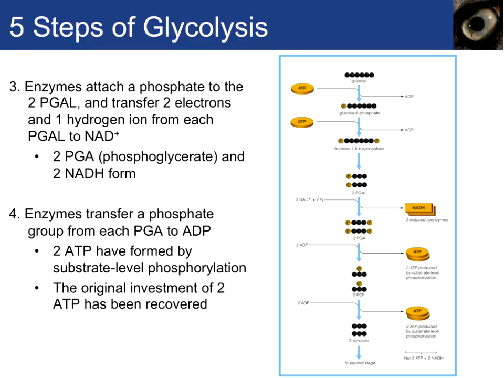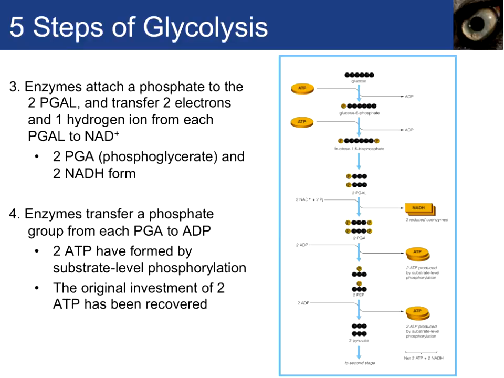Then next, enzymes attach the phosphate to the 2 PGAL and transfer 2 electrons and 1 hydrogen ion from each PGAL to NAD+. So 2 PGA and 2 NADH form, and enzymes transfer a phosphate group from each PGA to ADP. So 2 ATP are formed by substrate level phosphorylation.